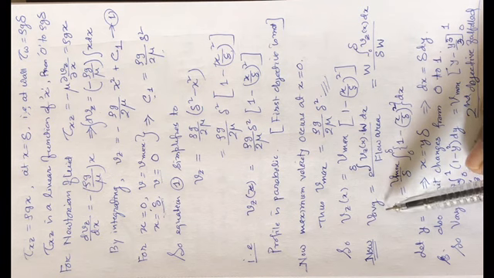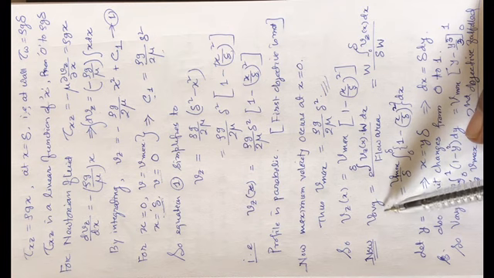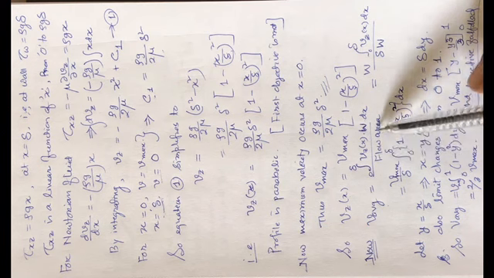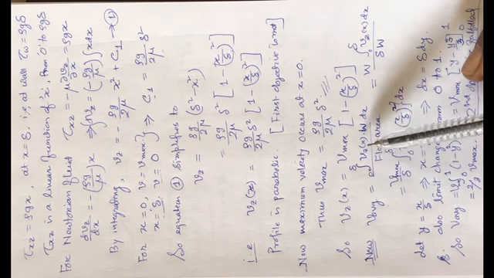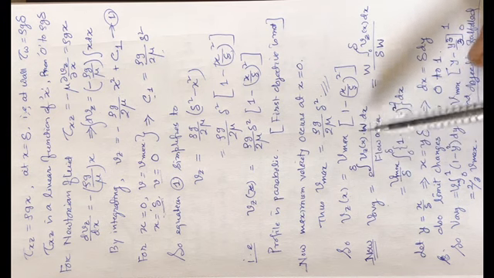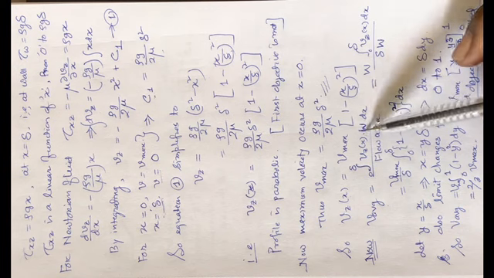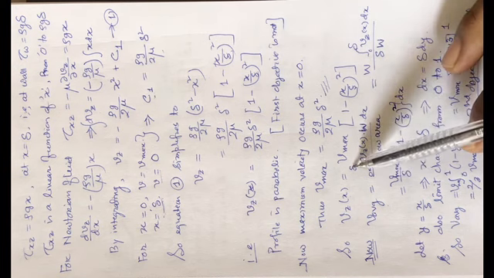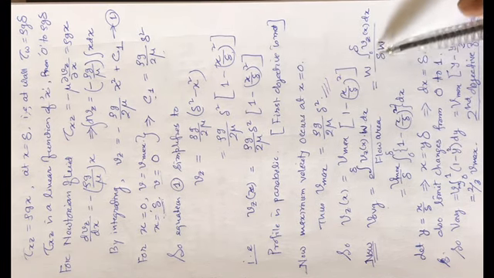Again, we use the same definition as earlier to obtain an expression for V average. The flow area is in the denominator, and the numerator is the net amount of fluid flowing, which is the velocity into area, integrated over the whole thickness, from 0 to the thickness. W is the constant that comes out.